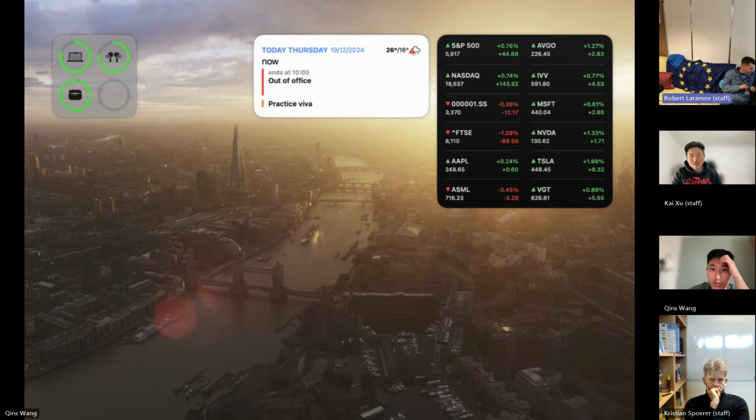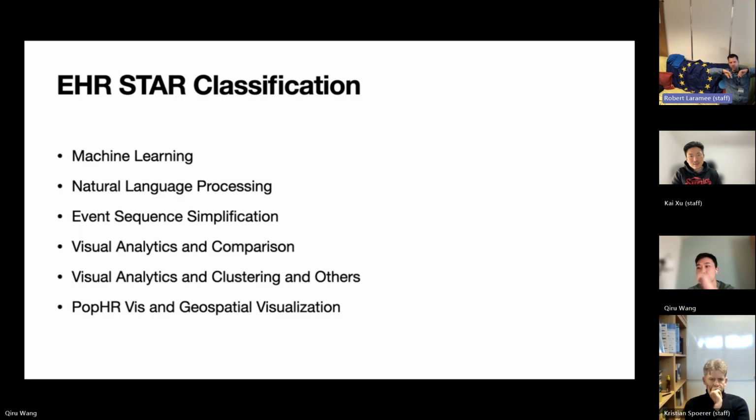Why does the EHR star have 6 subsections? You have this machine learning subsection, natural language processing. Why does it have those? Because, first, by investigating EHR literature, we found different themes, different work published by different groups of researchers from different domains.